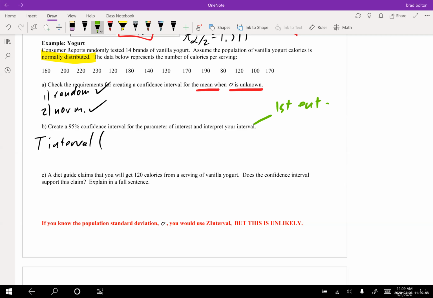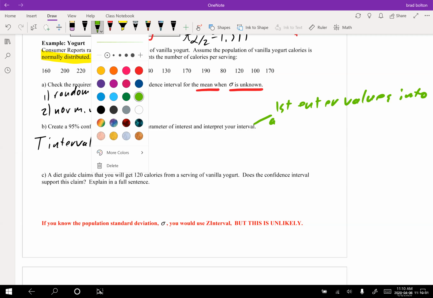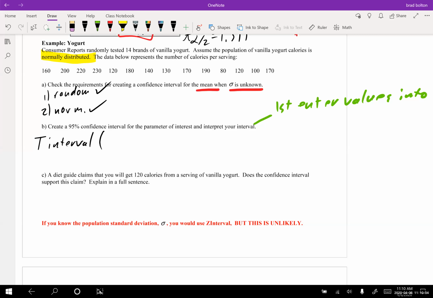First, enter values into a list using stat edit on your calculator.